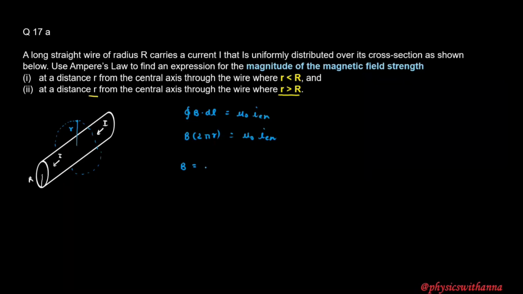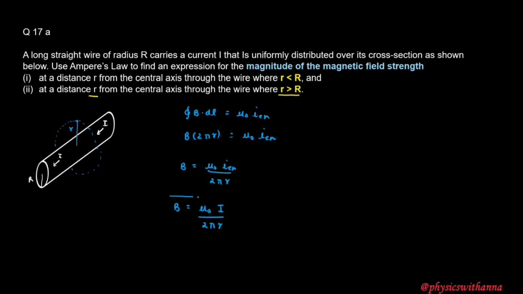B becomes equal to mu naught I enclosed over 2 pi r. I enclosed is the current enclosed within the Amperian loop. In this case, it is the entire current flowing through the wire because the Amperian loop encloses the entire wire. So we can write B to be equal to mu naught I over 2 pi r.